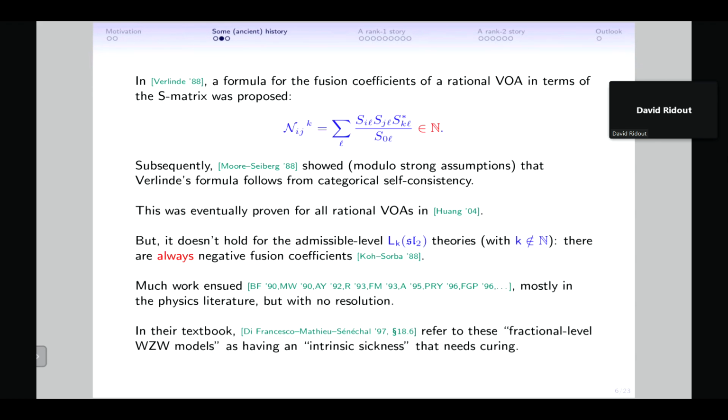They'll always be integers, but they won't be non-negative. The fusion coefficients can't be negative. It just doesn't make sense. So there's lots of work on this. And essentially in physics, everybody went, this is a real problem, but we don't really know how to fix it.